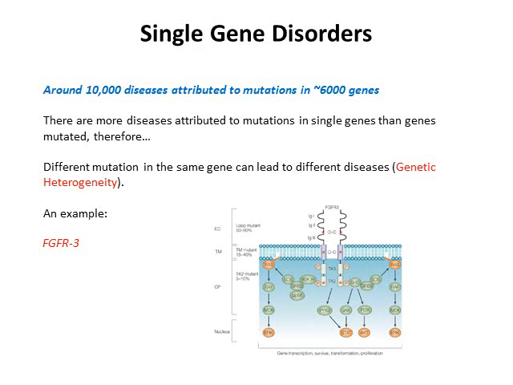A nice example is a mutation in the gene that encodes the fibroblast growth factor receptor 3 protein, FGFR3. This is a picture of the FGFR3 protein. You don't need to learn this; it's just quite a complex example of how the protein works. Effectively, it's a membrane-bound signalling protein.